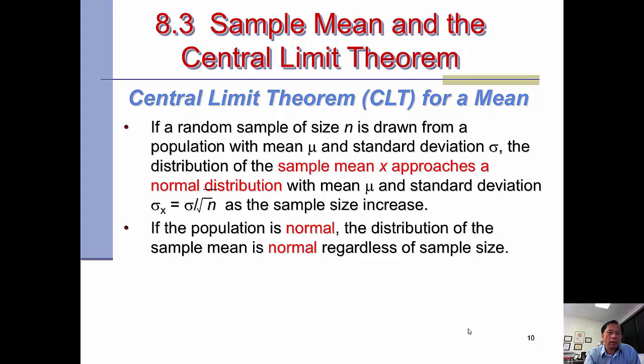There is a very important theorem in statistics, the central limit theorem. Basically, it says if a random sample of size n is drawn from a population with mean mu and standard deviation sigma, the distribution of the sample mean x-bar approaches a normal distribution with mean mu and standard deviation sigma over the square root of n as the sample size increases.